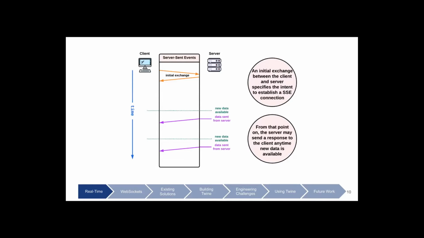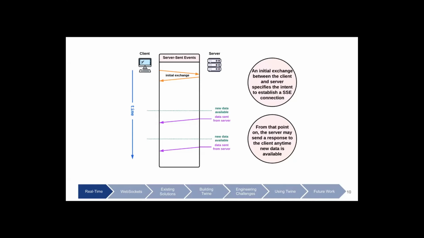Server-sent events are a technology that facilitates real-time communication between server and client over a single HTTP connection. An initial exchange between the client and the server specifies the intent to establish a server-sent events connection. From that point on, the server can send a response to the client anytime new data is available.